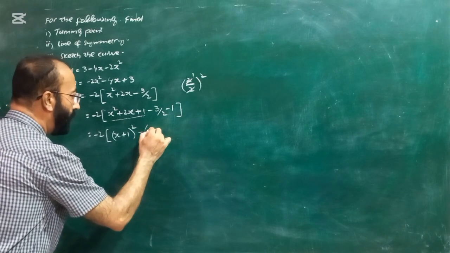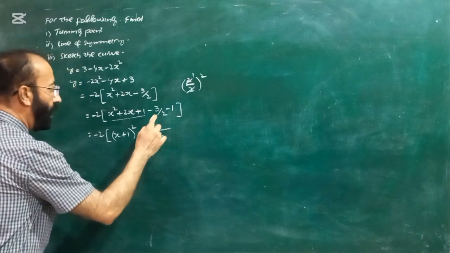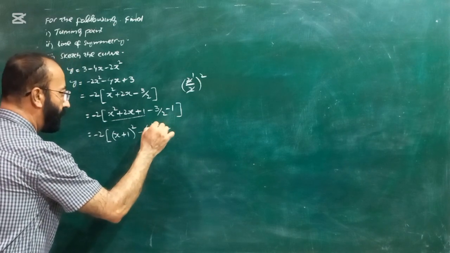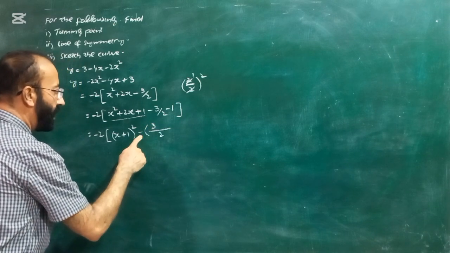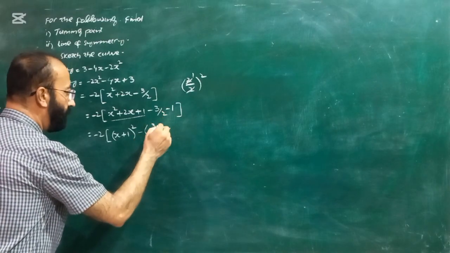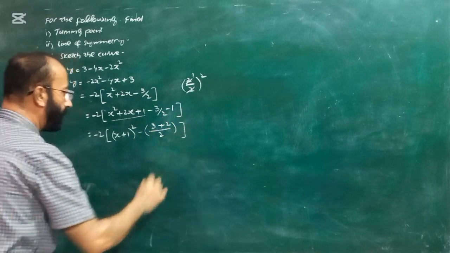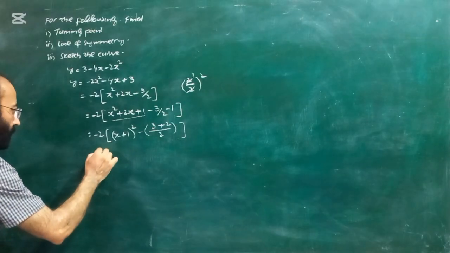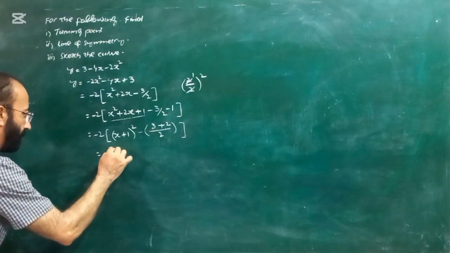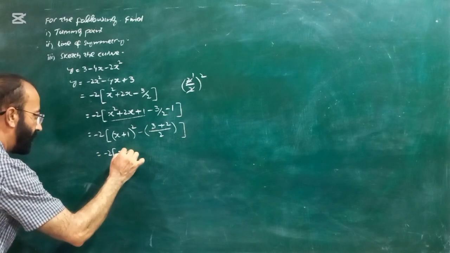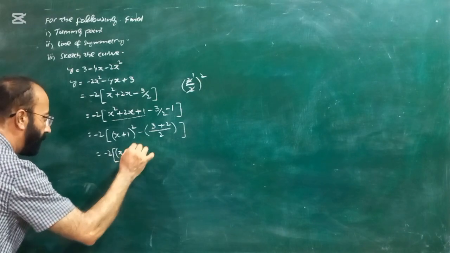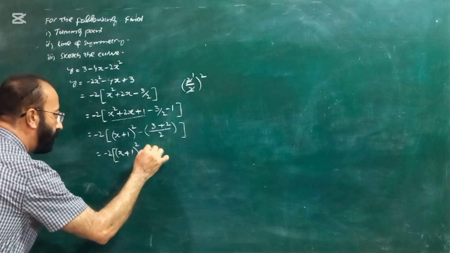So the LCM will be 2, and here will be 3. Minus sign has been taken as common, so this sign will be positive, and 2 ones are 2. So next step is minus 2 x plus 1 whole square minus 5 by 2.